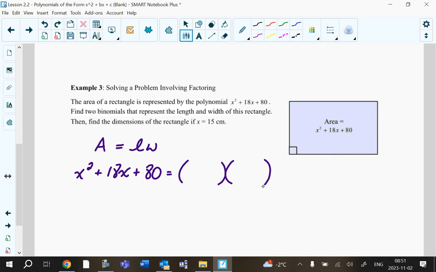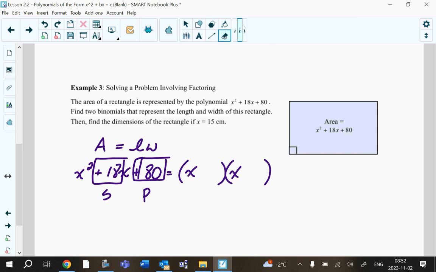What goes here in the first term? x and x. And I'm looking for two numbers that add to get positive 18 and multiply to get positive 80. What two numbers fit that? Positive 8 and positive 10.